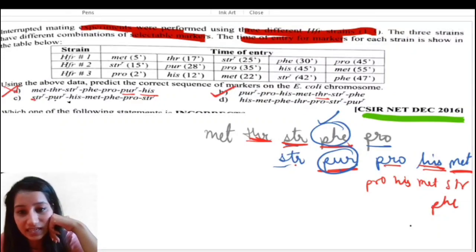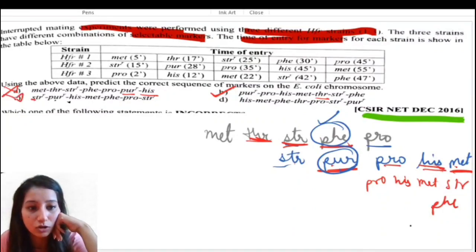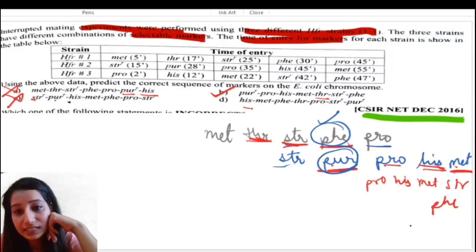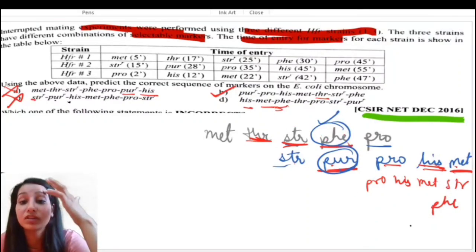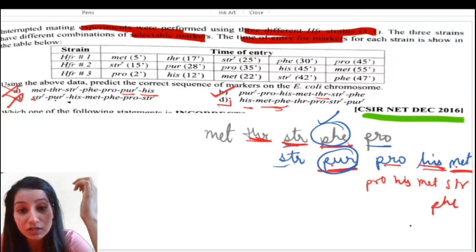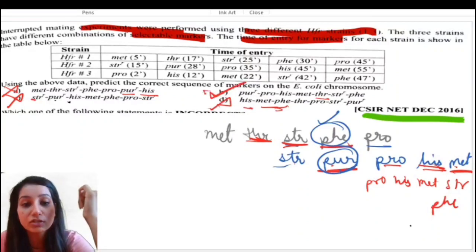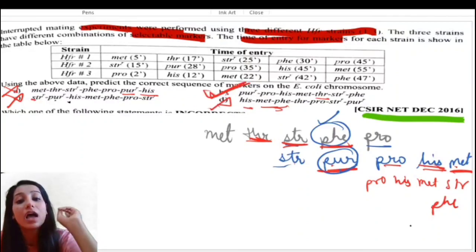In the next option, first is STR, then PUR, then HIS. PUR is not going with HIS, so this option is incorrect. Then HIS, methionine, and methionine going with PHE? In none of the three is methionine going with PHE, so this option is also incorrect. So option B is correct.